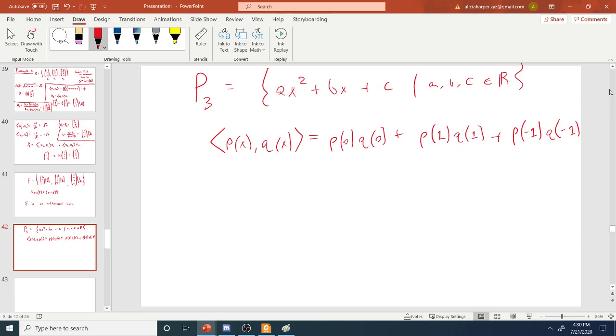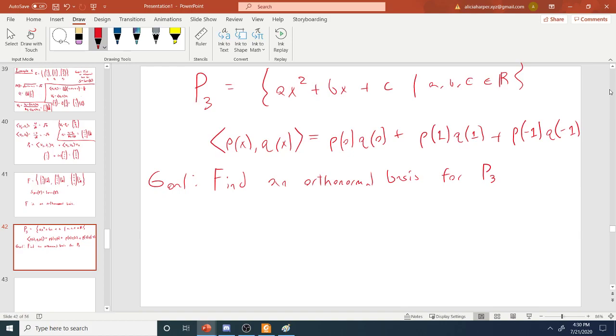And our goal is to find an orthonormal basis for P3. So here's what we do.